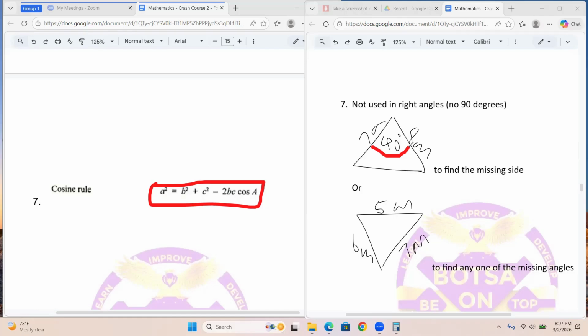But if the question has multiple parts, like normally most questions would have parts A, B, C and so on, part A might tell you to find something that could help you figure it out along the way. You will have to see it to understand what I'm talking about, which you will see in one of the upcoming classes. So yes, again, in order to find a missing side, you need the length of the other two sides and the angle in the middle of those two sides.